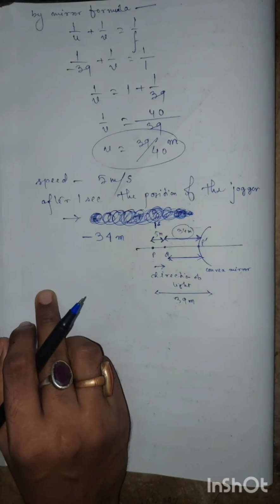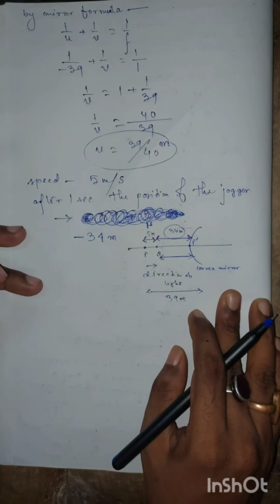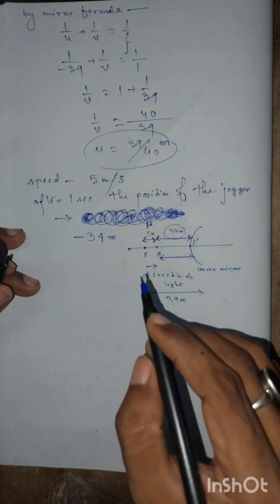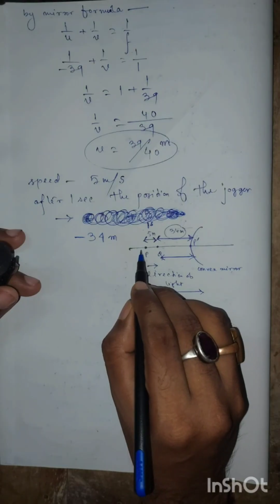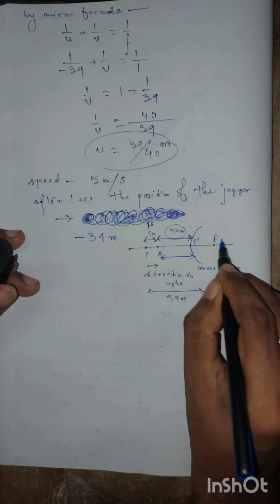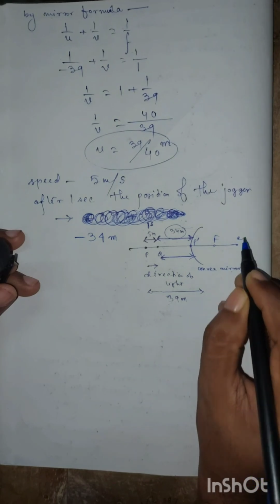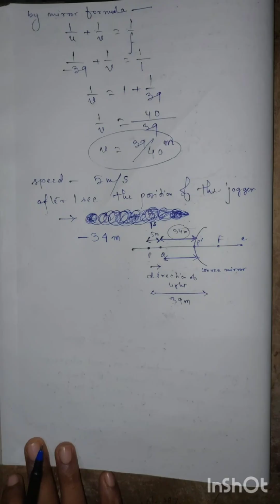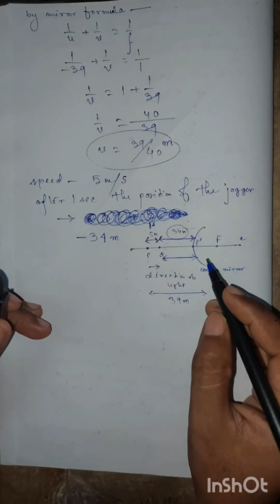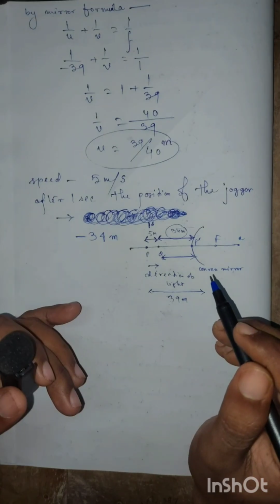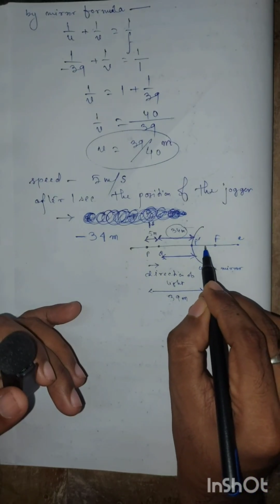Now we need to find out the position of the image. We know when an object is moving towards the convex mirror, the image shifts towards the pole.